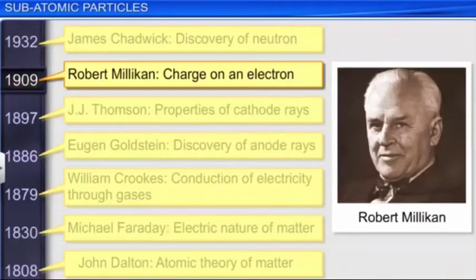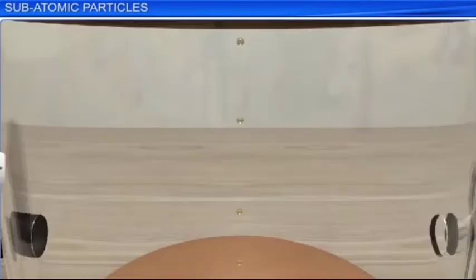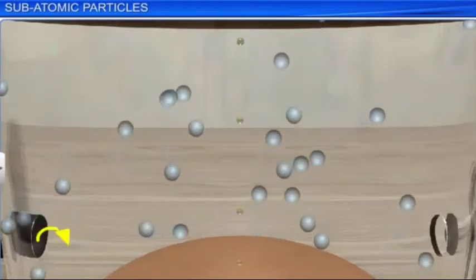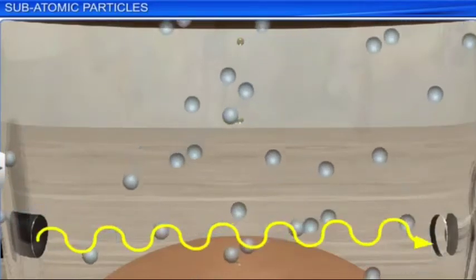1830. Then in 1909, Millikan performed his oil drop experiment in order to calculate the charge of an electron, and used it to calculate its mass. He then ionized the air inside the condenser by passing a beam of X-rays through it.